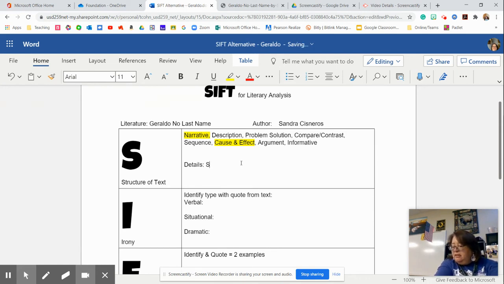So we would write something like: she, meaning Marin, meets Geraldo at a dance. And as they are leaving, he is hit by a car and she goes with him to the hospital, where he dies.